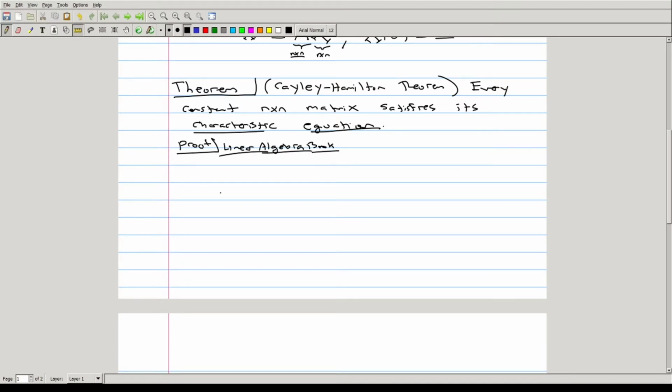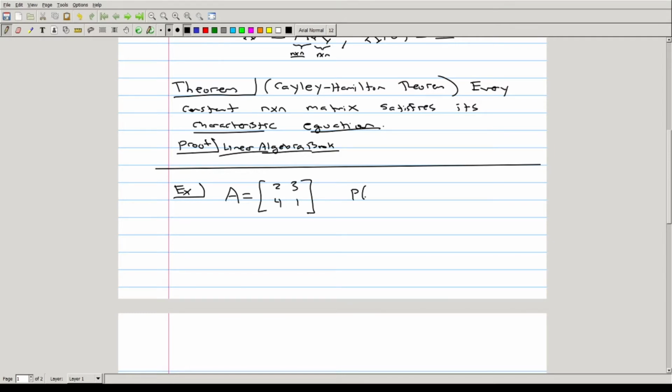However, what does this mean? Well, let's go through and look at an example. We take the matrix A equal to [2, 3; 4, 1].